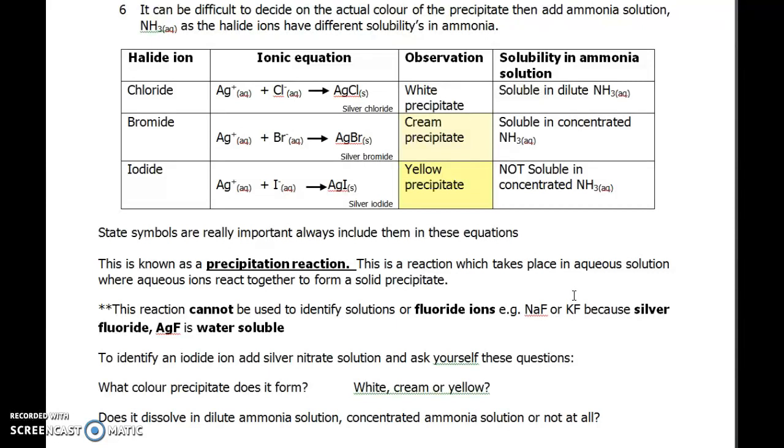Okay. This test will not work for identifying fluoride ions in, say, sodium fluoride or potassium fluoride, because the silver fluoride formed is water soluble, so you do not see any precipitate at all.